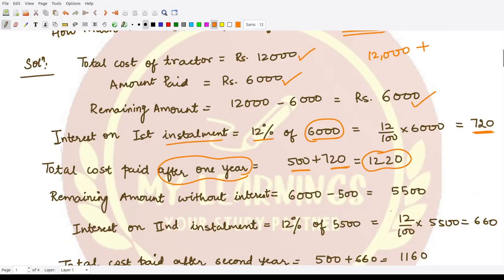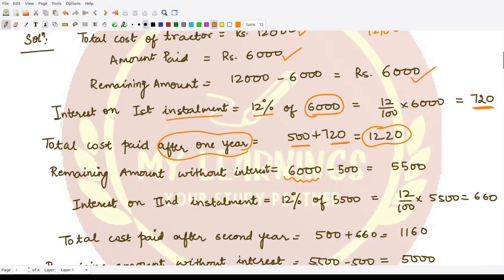After the second year, out of the 6,000 he has paid 500, so he'll be left with the remaining principal amount. We are not taking into account the interest amount. Why? Because we are talking about the principal amount, correct?